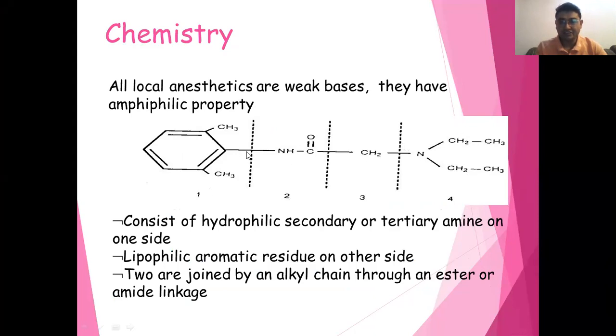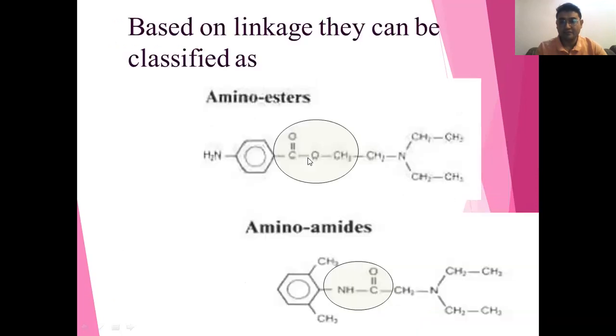If this linkage is done by an ester, it is called an amino ester anesthetic. But if the linkage is done by an amide group, it will be an amino amide anesthetic. So according to the chemistry, these drugs are classified in two main parts.